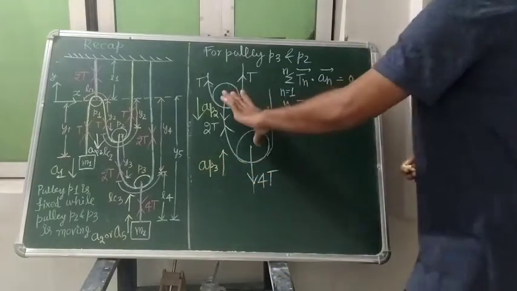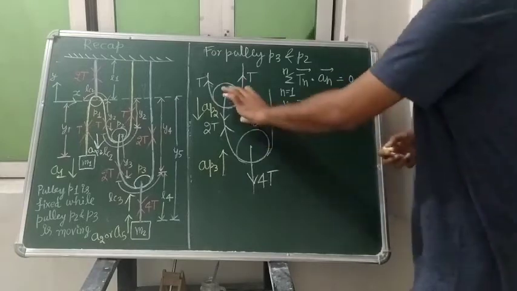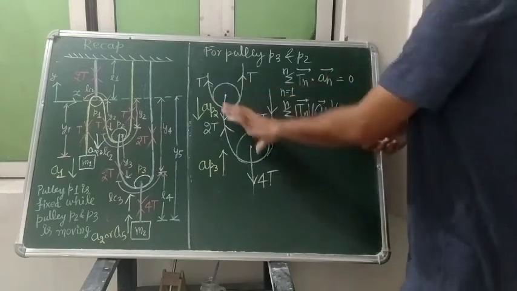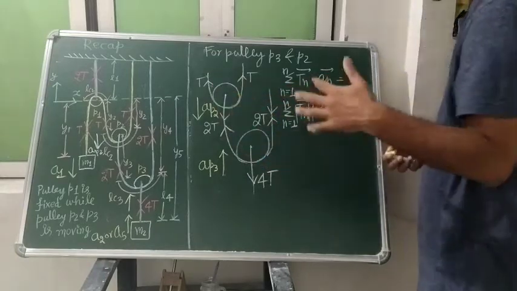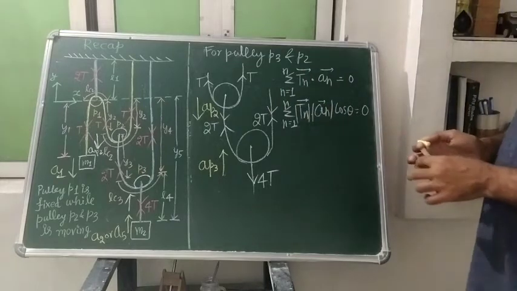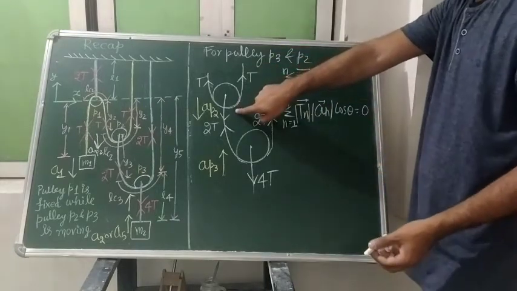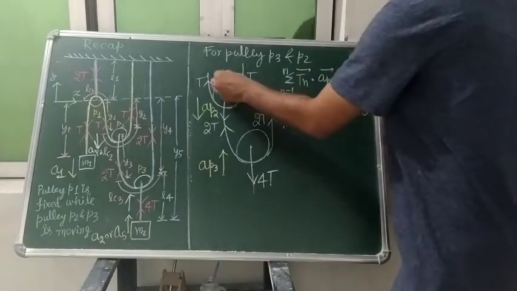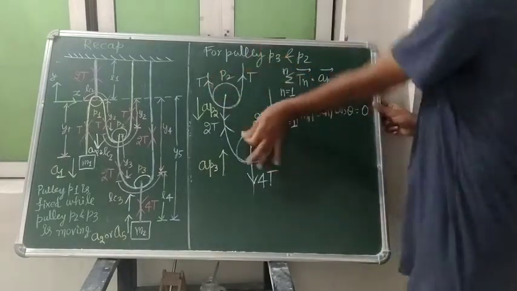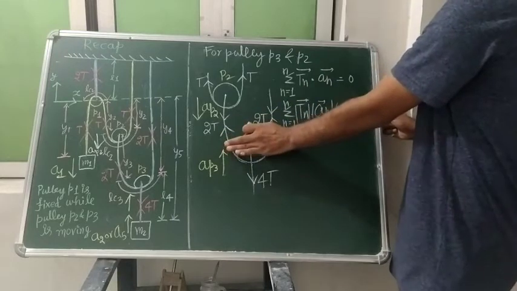Why have I drawn these two pulleys here? We should draw two free body diagrams here, which you will come to know after some time. So when I look at this pulley P2 only, and not assuming this P3 pulley.